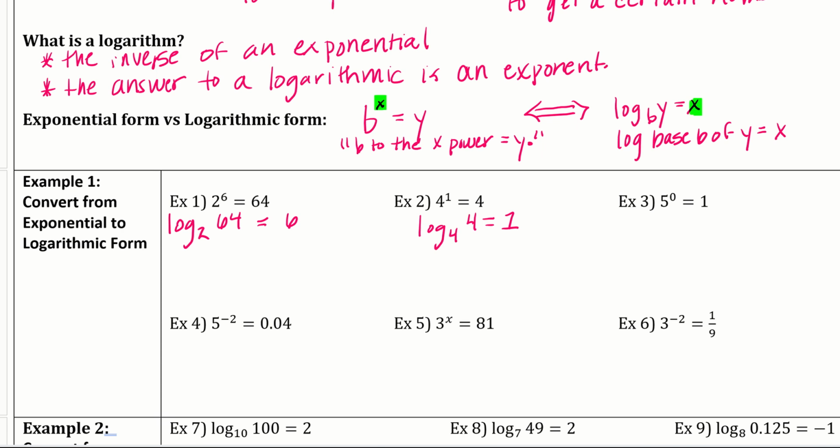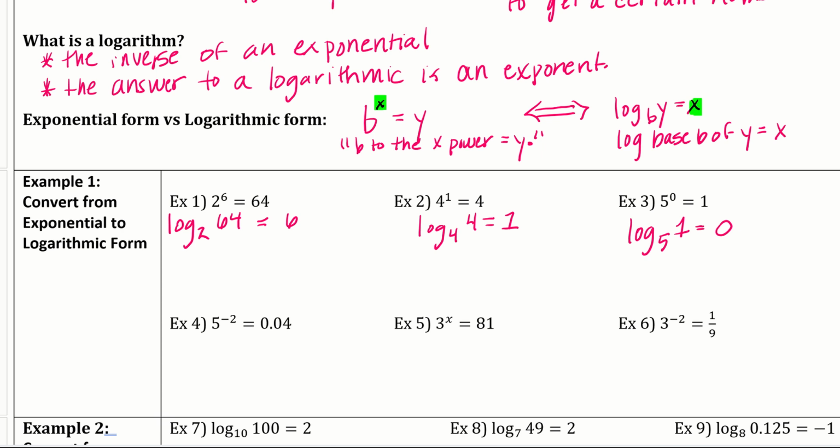This next one is a little tricky, but the base is always that first number. So log base 5 of 1 equals 0. 0 is your exponent. Again, we're just rewriting this in log form, moving some things around and putting it in inverse form.